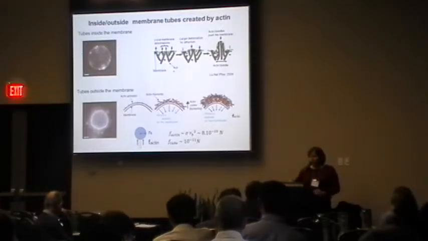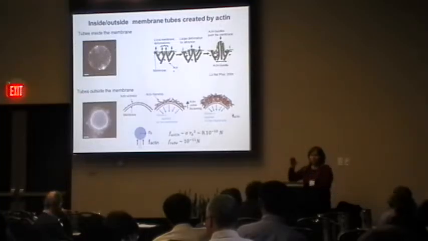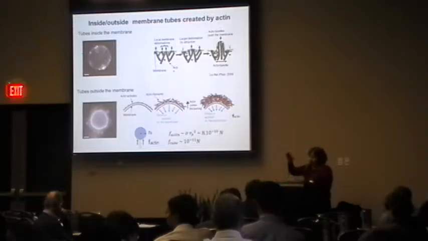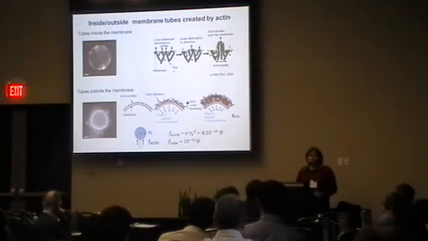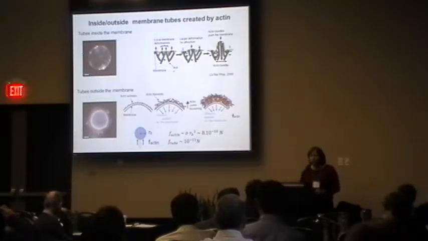Now, if you put mechanical pressure on the cell, you want to look at the mechanics of the cell. This is done by AFM, by microplate squeezing, and this will give you the whole mechanical property of the cell, I mean the whole modulus, not the modulus of one network or the other.